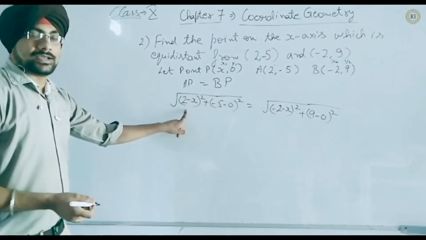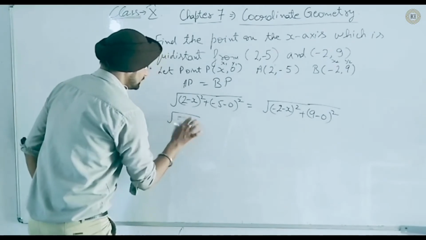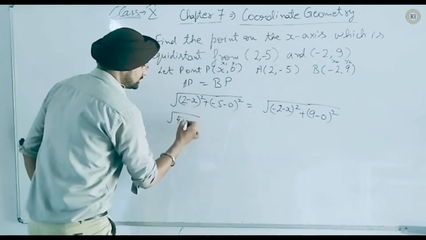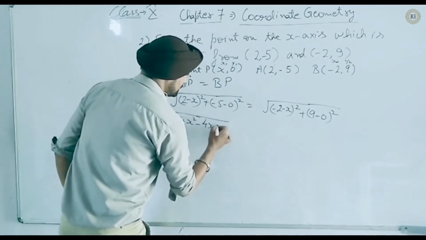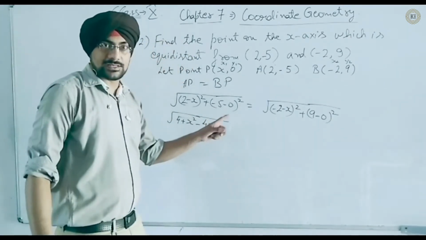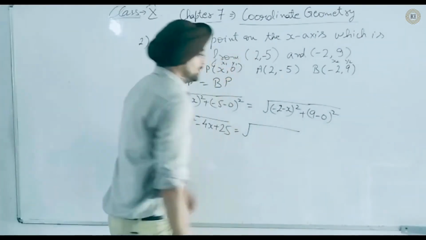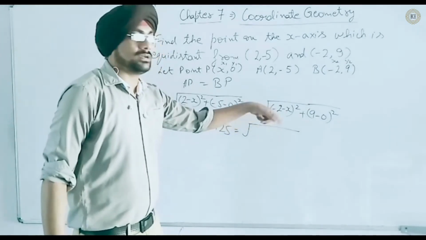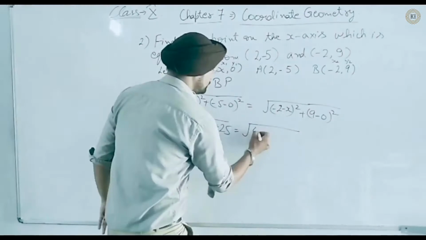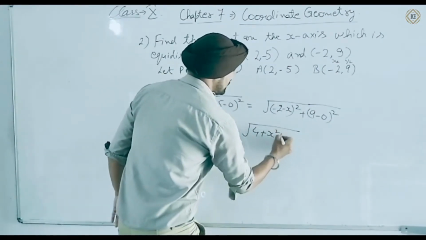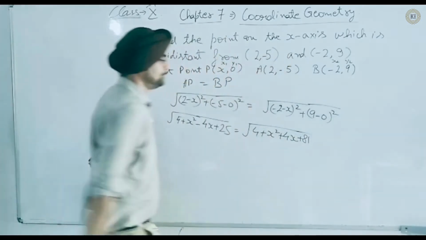Here we can apply the formula of (a minus b) whole square, which is a square plus b square minus 2ab, and (-5 minus 0) is -5, whose square is 25. For the other, minus is taken outside so it becomes plus, and we apply the formula of (x plus 2) whole square, which is a square plus b square plus 2ab, and 9 square is 81.